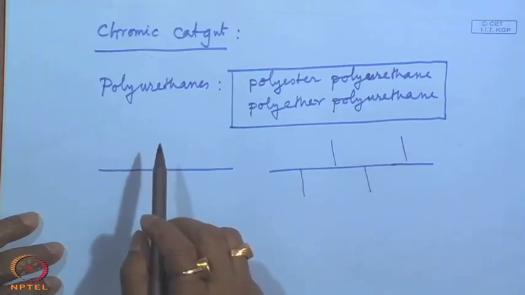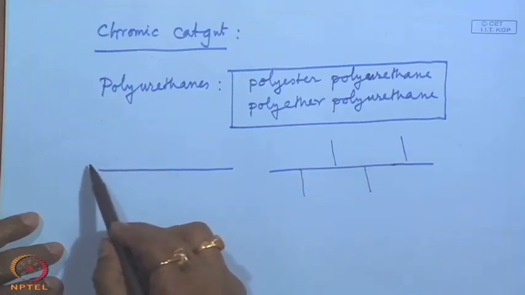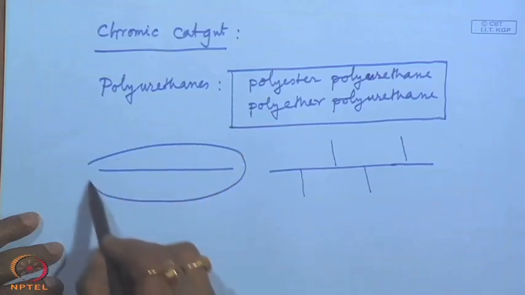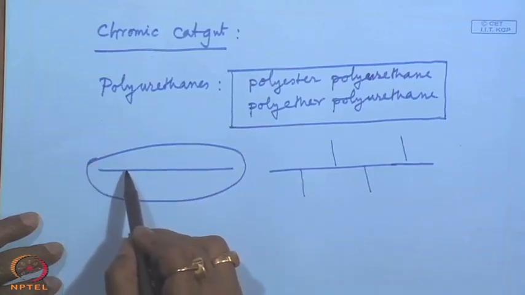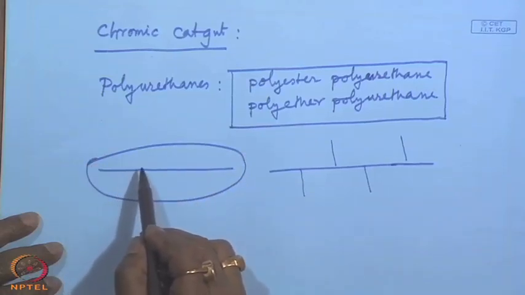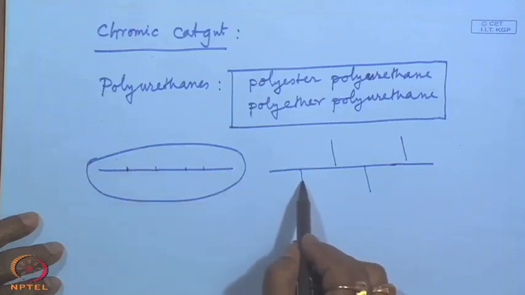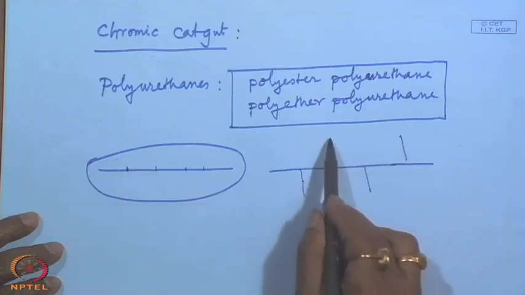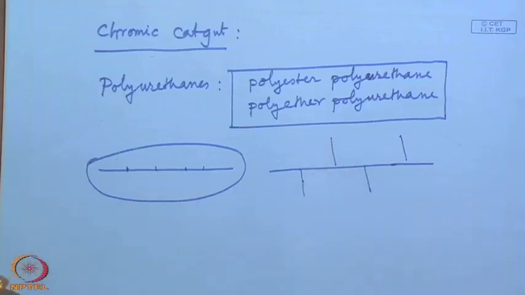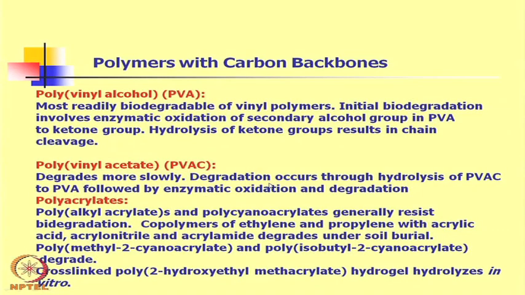So, we have discussed polymers of the type where the degradable functional groups, say ester, ether, amide etcetera, were present along the backbone. Here such groups are present in the pendant groups or the side chains. These are, say, polyvinyl alcohol. I have shown you the formula of polyvinyl alcohol. Once again you can see this polyvinyl alcohol.